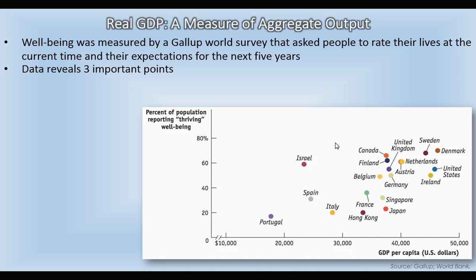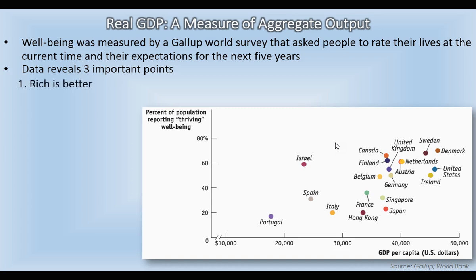And then we have GDP per capita in US dollars on the x-axis. So here's Portugal. Portugal has a low level of GDP per capita, and the percentage of the population reporting thriving well-being was pretty low. Here's Sweden. The percentage of the population reporting thriving well-being was pretty high, and they have a high GDP per capita.